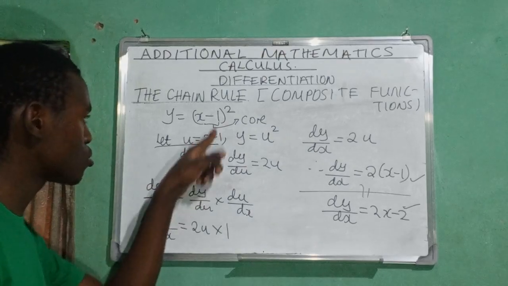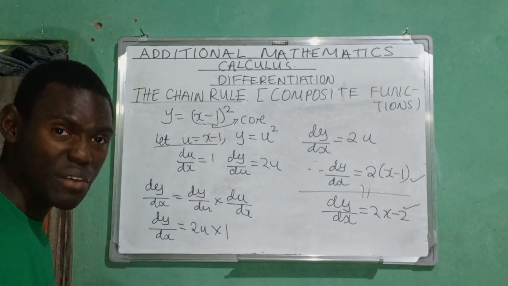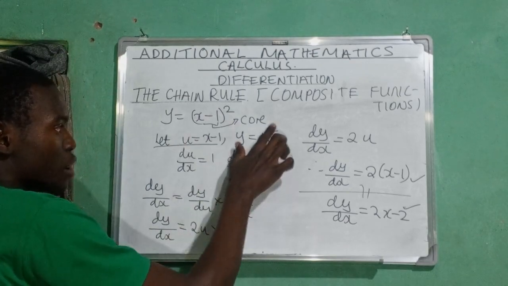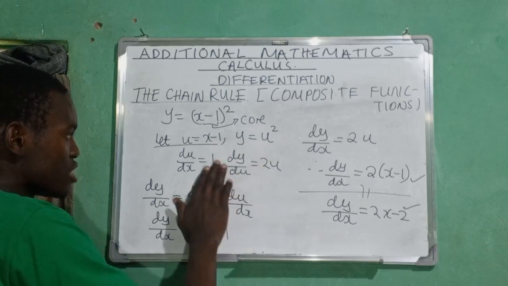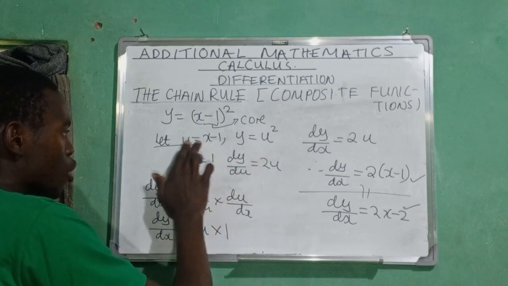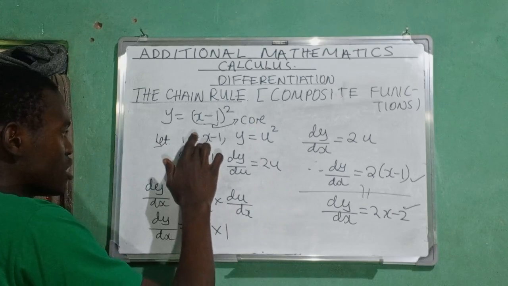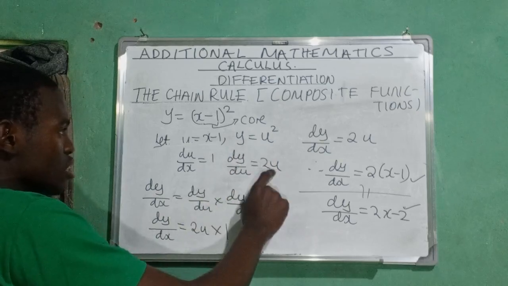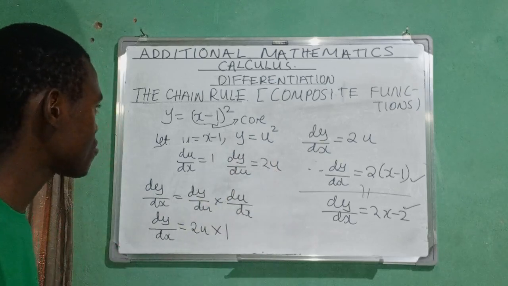So, u is equal to what was there, and then whatever remains, because we now know that all of this is u, so it will be u to the power 2. Then we just differentiate what we have formed. We formed this, we differentiate it, and then we go to 1. We differentiate this, we get a 2u, like that.